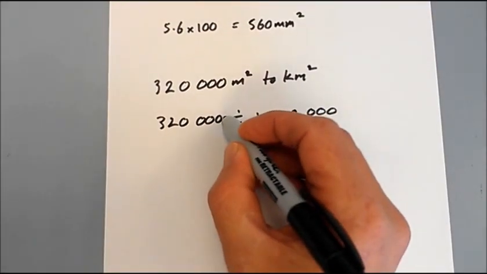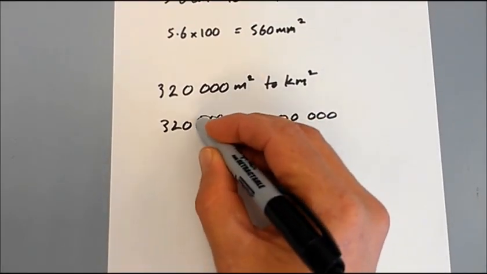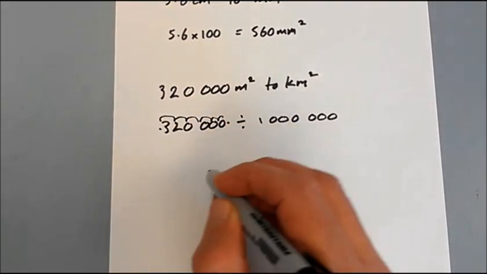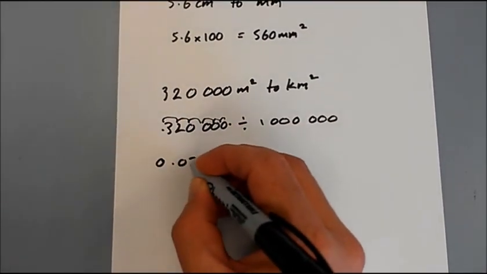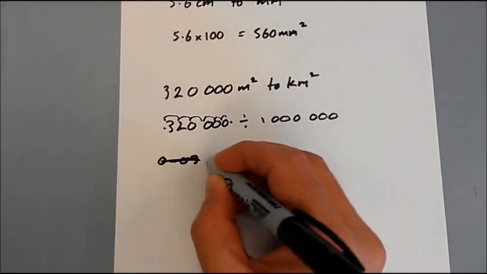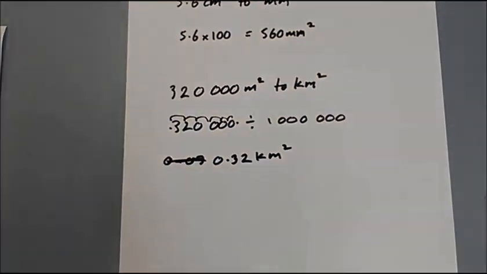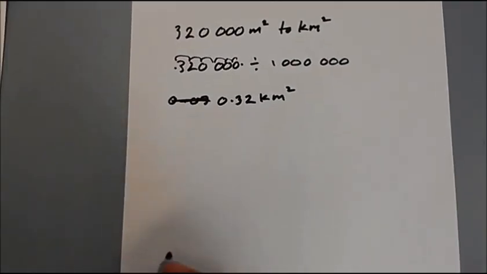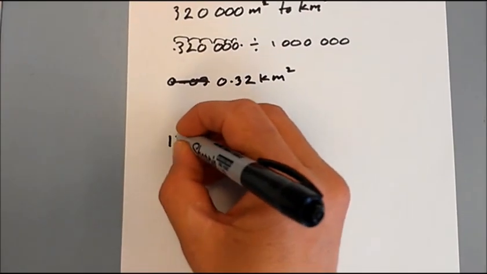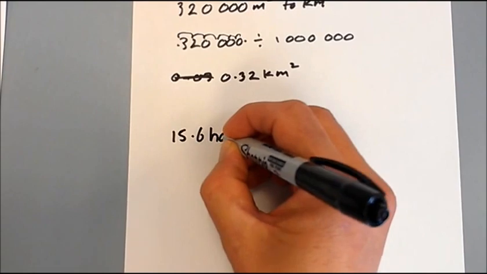So I'm going to start here, and I'm going to move it back 6 places, end up in front. 0.32 square kilometres.